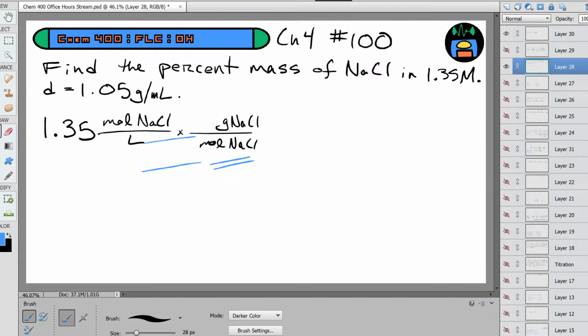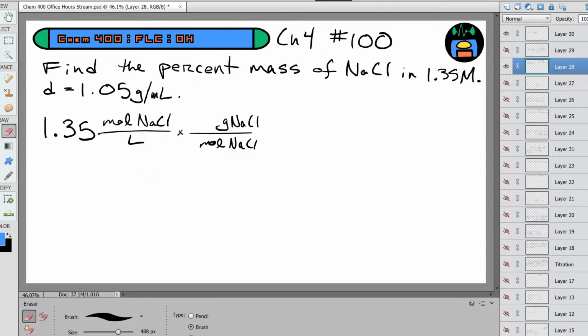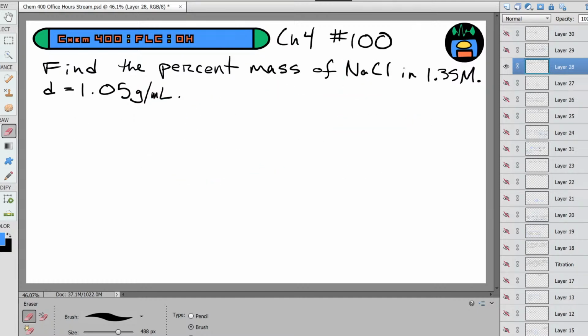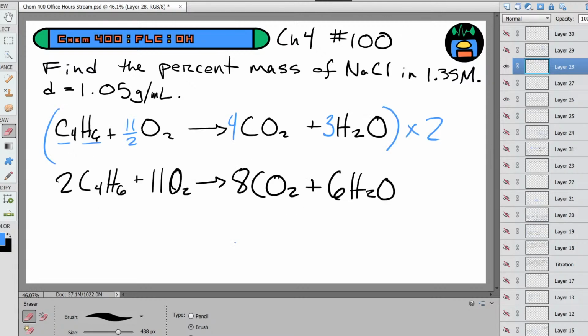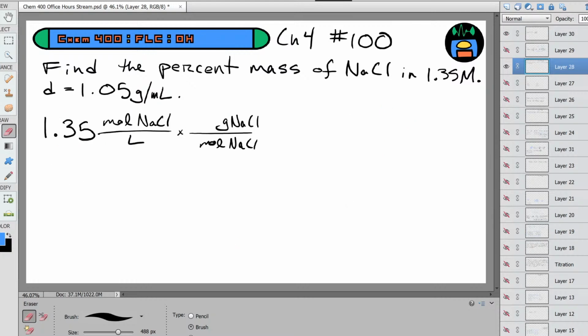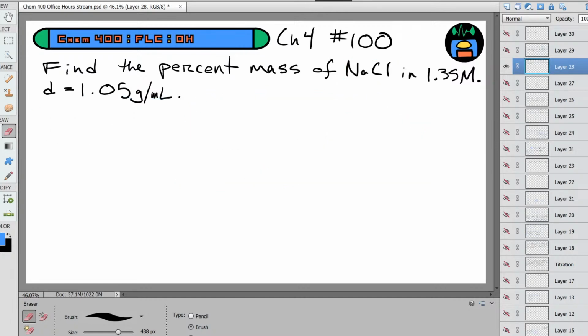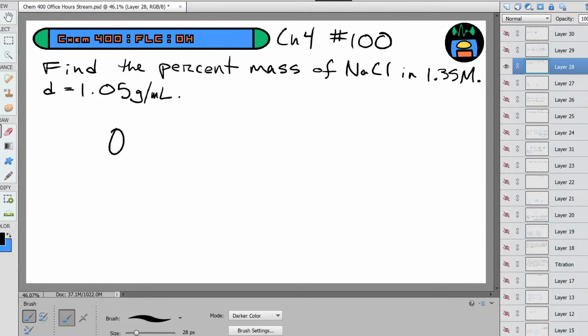So right here, we have 0.0751. This is grams of NaCl over grams of solution.